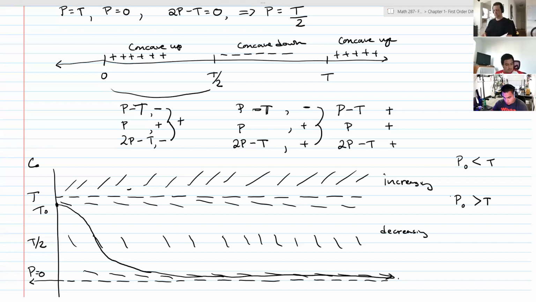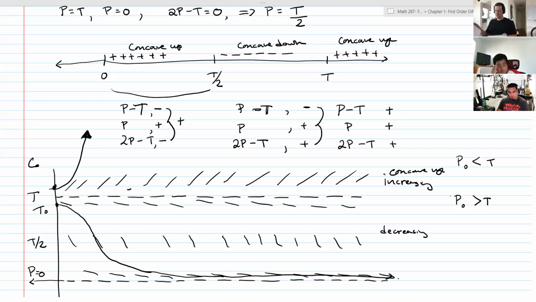On the other hand, if P naught is greater than T, we're increasing and also concave up. That concave up is just going to rocket out to infinity. So this is a big part of understanding what is happening inside of this system with this particular population.